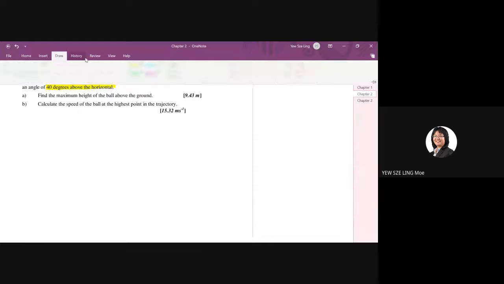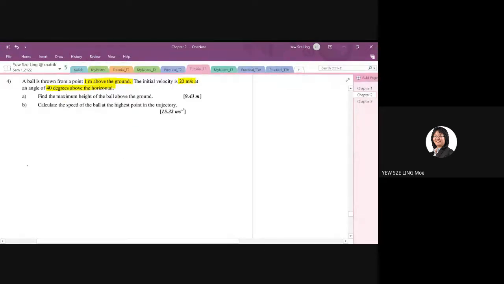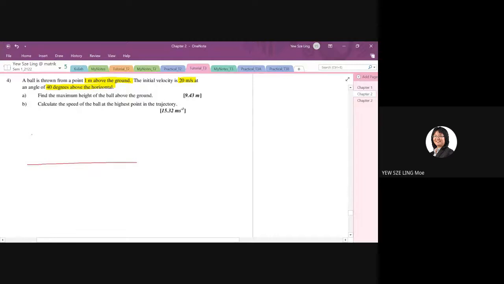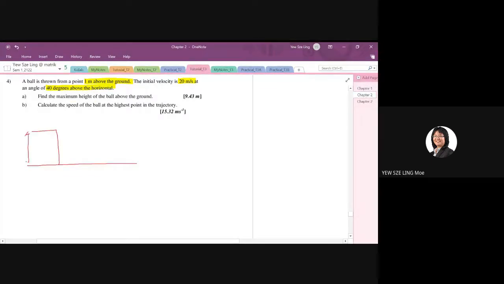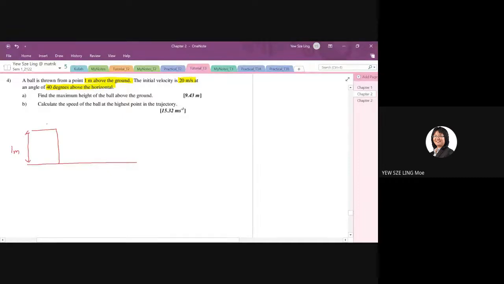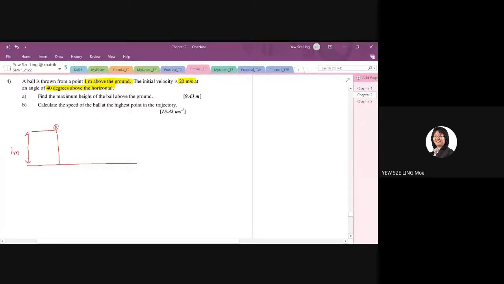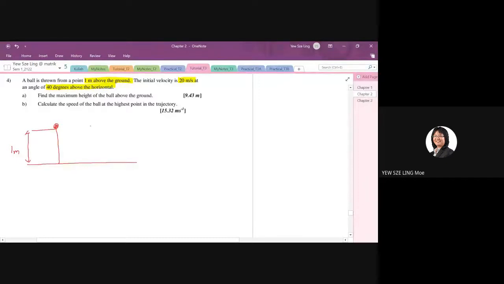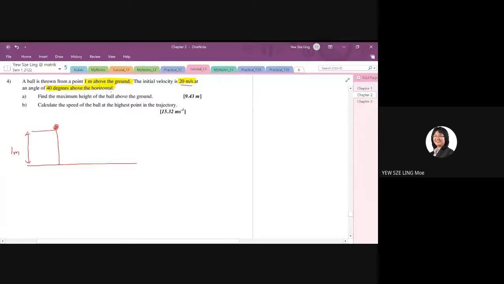So how are we going to sketch the diagram? You need a ground, and then you have a building. This building is 1 meter tall, and this is the position of your object. According to the question, this object will move at an initial velocity of 20 meters per second, at an angle of 40 degrees above horizontal.